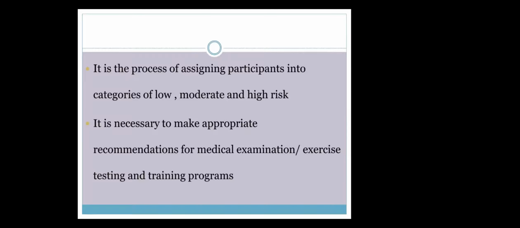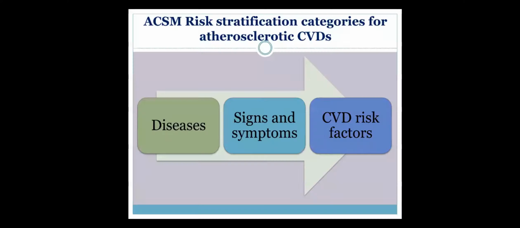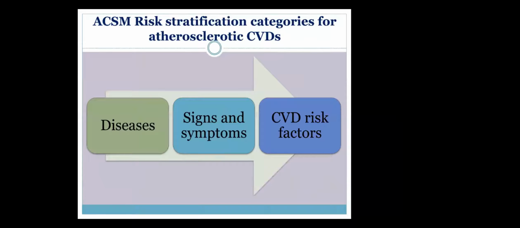So before you go ahead with cardiac rehab programs, it is necessary to stratify the patient for his risk. ACSM risk stratification categorizes patients in terms of diseases, signs and symptoms, and cardiovascular disease risk factors. Depending on the presence or absence of these diseases, signs and symptoms, or risk factors, the grading is done.